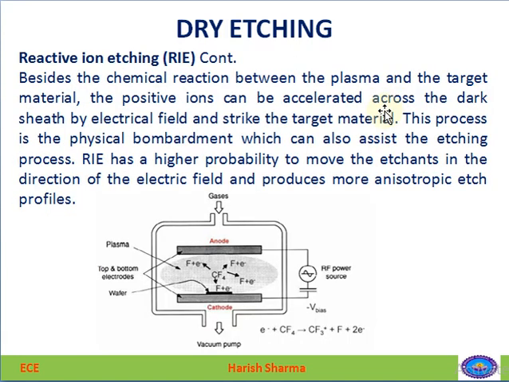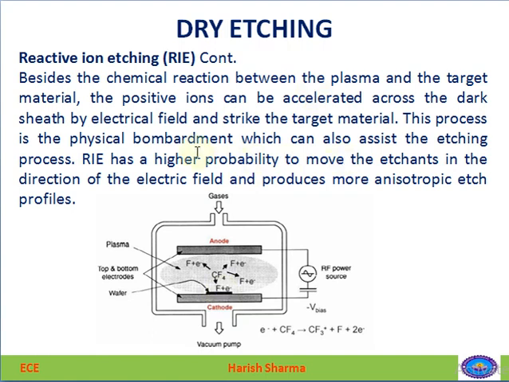Besides the chemical reaction between the plasma and the target material, the positive ions can be accelerated. The negative ions are simply removed, and the positive ions are accelerated towards the cathode due to the RF source electric power, and they will be absorbed by the surface.